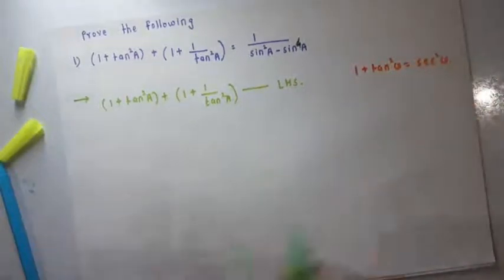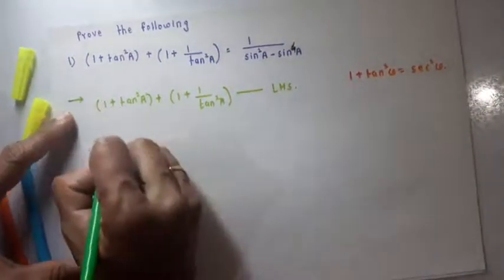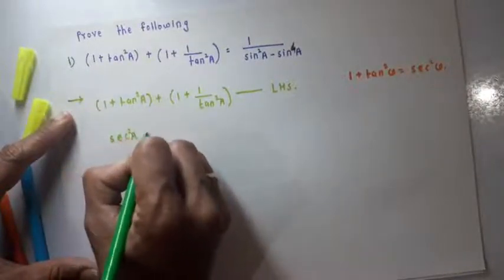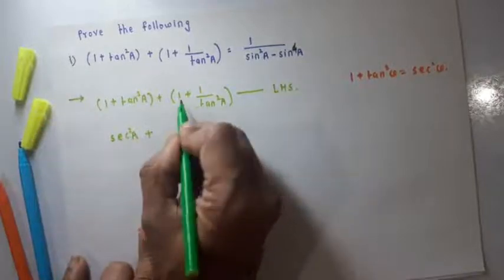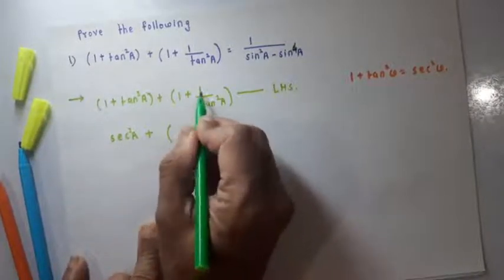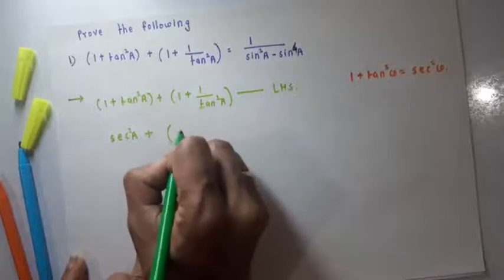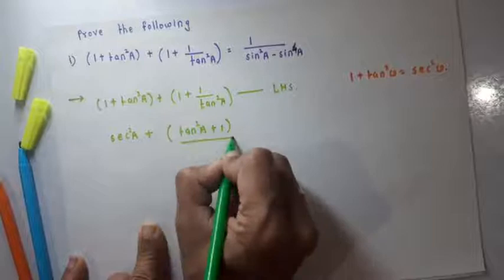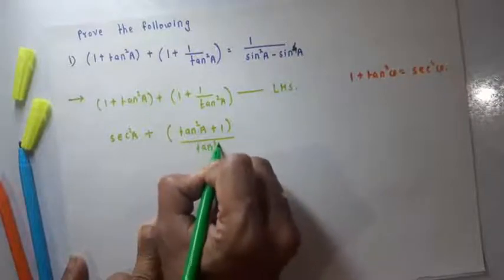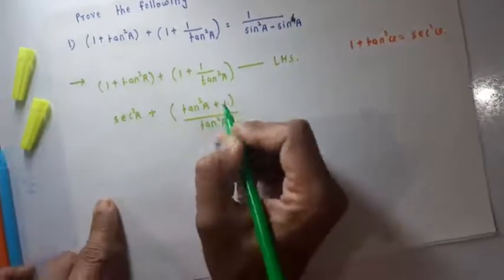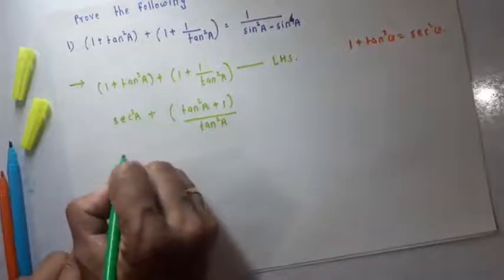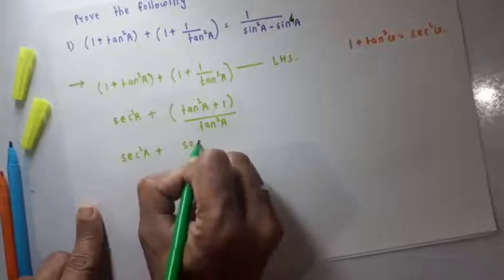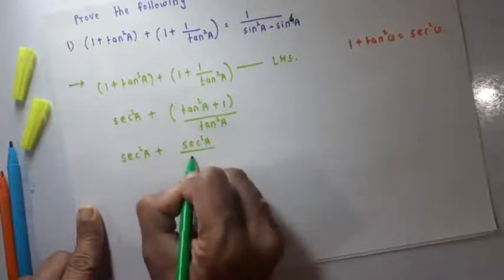By using this formula, this is sec square A plus, here take the LCM as tan square A, so this is tan square A plus 1 upon tan square A. Again by using the same formula, this is sec square A plus sec square A upon tan square A.